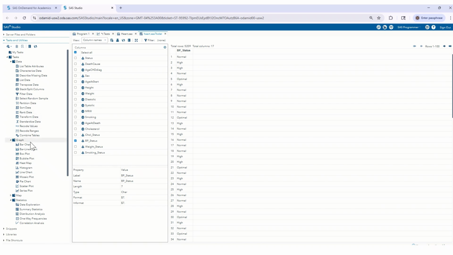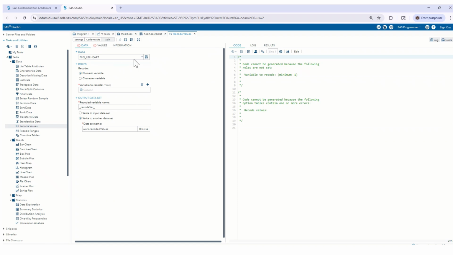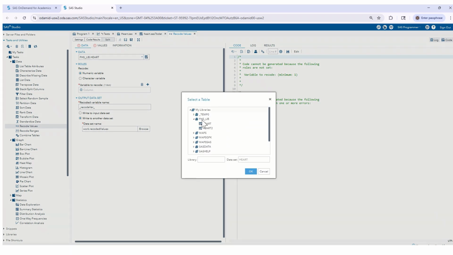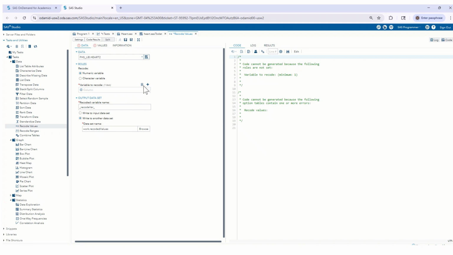Okay, so I will go to tasks and utilities, because now we are dealing with the dataset itself. So I will go to the data tab and recode values, FHS underscore lib dot heart2.